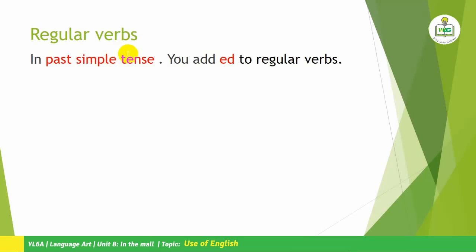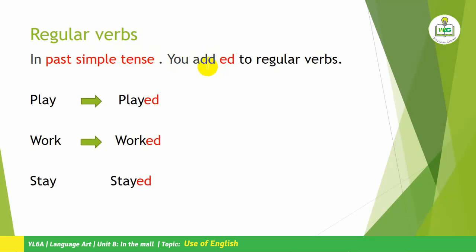In past simple tense, you add ed to regular verbs. For example, play becomes played, work becomes worked, stay becomes stayed, and listen becomes listened. All these words, when changed to past simple, have ed in the end.